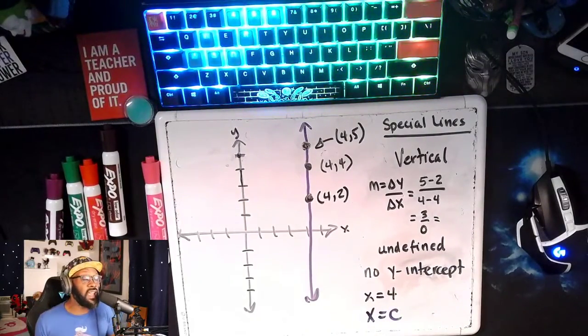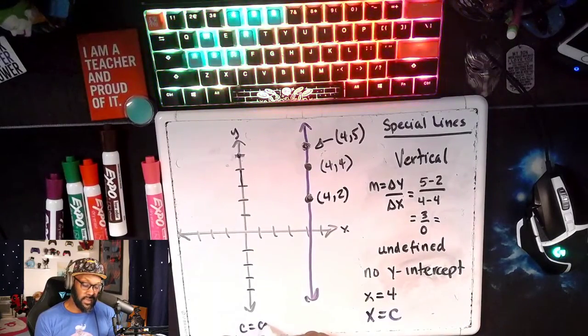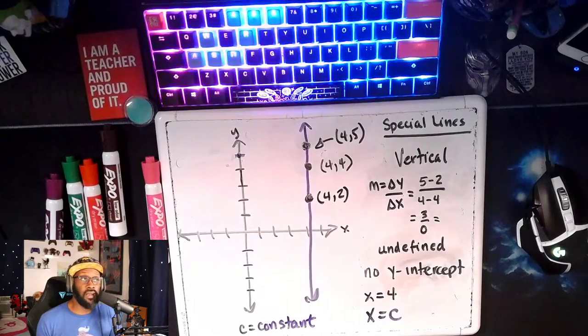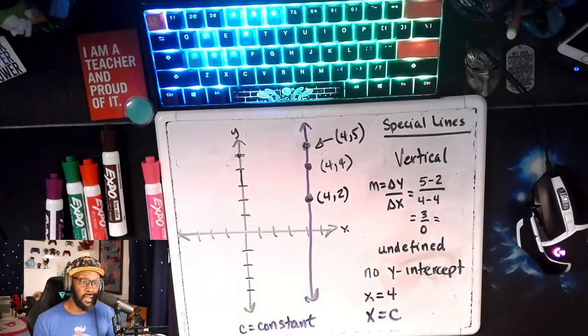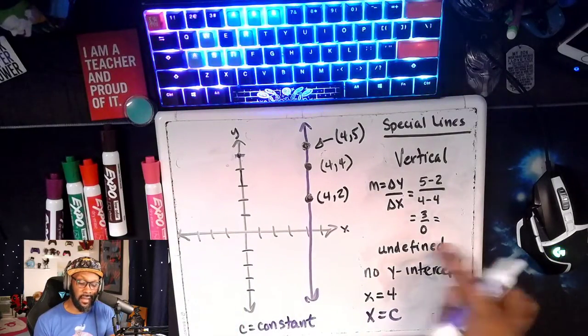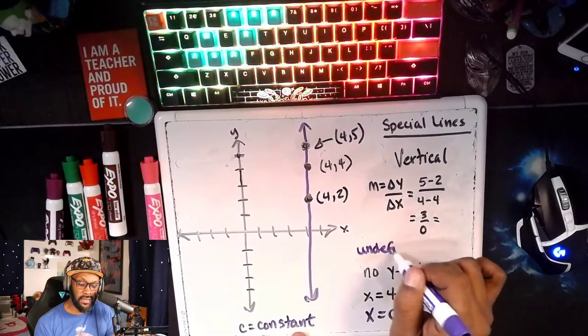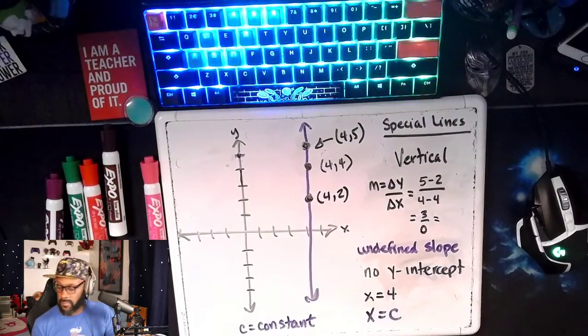If you see an equation where it says x equals a constant, c is constant. Make sure that is somewhere in your memory banks. x equals 10, x equals 74, x equals 2.78: vertical line. And vertical lines have an undefined slope. Cannot define this.